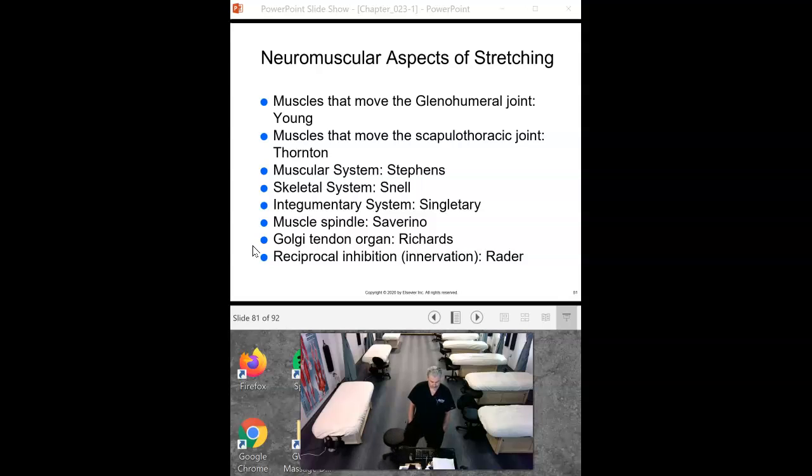So if the weight's too great, it kind of sends a signal saying, too heavy, too much. So then it puts a stop on that contraction. But then what it does is it stimulates the antagonist. So the antagonist kicks in, so it doesn't cause tears or damage of the tendon, because a tendon attaches muscle to bone. And that's it.